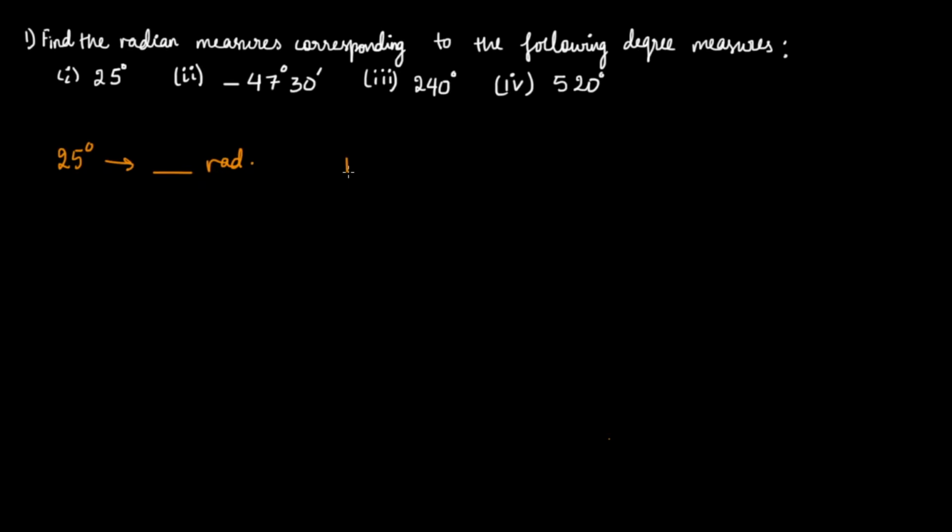We know pi radians is equal to 180 degrees, or conversely 180 degrees is equal to pi radians, or 1 degree is equal to pi by 180 radian, right? So what we can do is just multiply 25 on both sides.